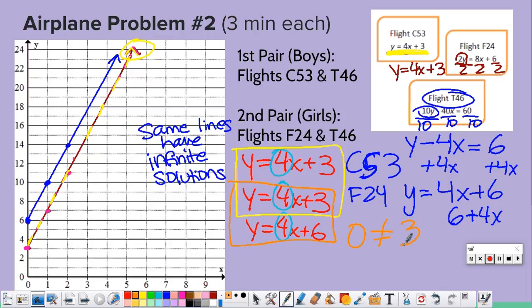And if 0 is not equal to 3, then how many solutions are there? None. No solutions. Okay, what kind of lines are those then, if they never cross? Parallel lines. So what conclusion can we come to? They're never going to cross. That parallel lines have no solutions.